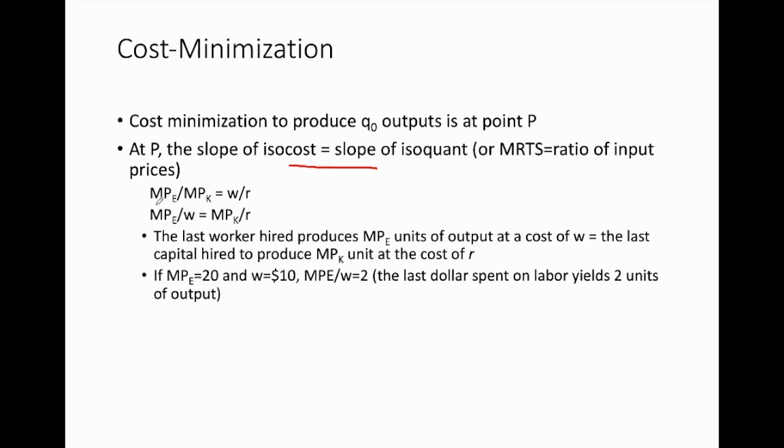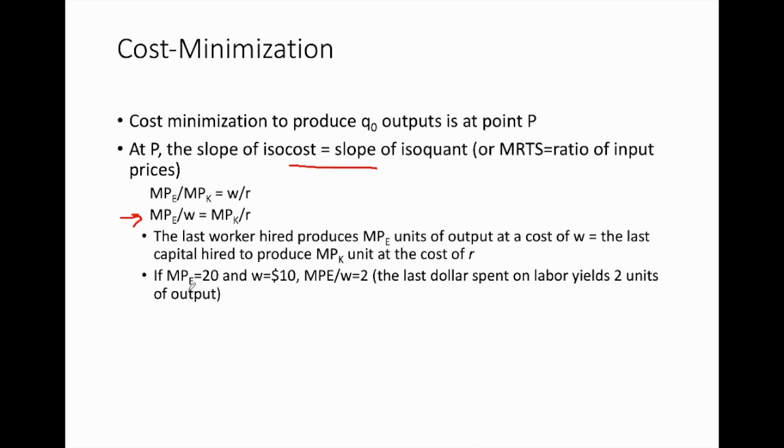And the slope of the isoquant is the marginal product of worker over marginal product of capital. This is the tangential point, the position at which the slope of the isoquant is equal to the slope of the isocost. We can rearrange this equation and re-express it as indicated here. What we can say from this expression is that in order to minimize cost, the dollar cost of producing output using workers is equal to the dollar cost of producing output using capital.